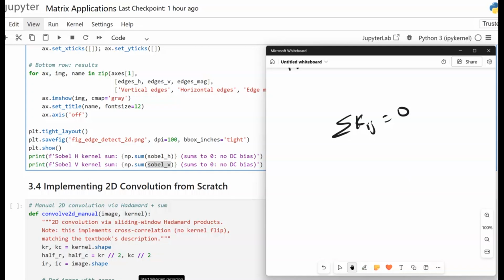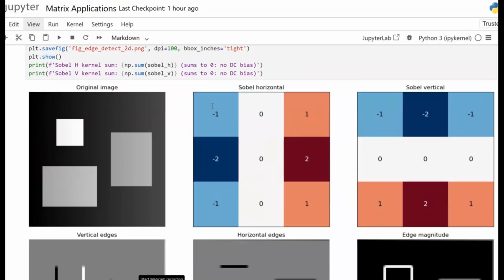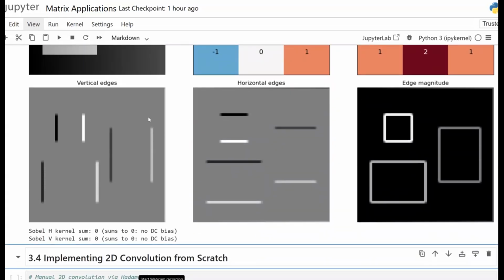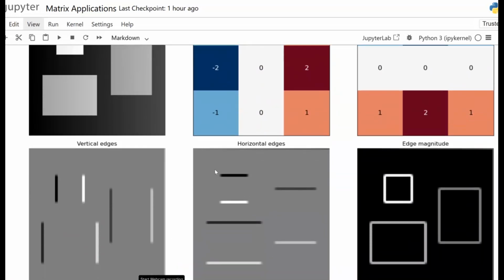Okay, so let me see this by executing the code. And yeah, here we go. This is the top row, where we get the original, Sobel horizontal and Sobel vertical. And towards the bottom row, kindly observe, these are the vertical edges of this original, and these are the horizontal edges of the original.